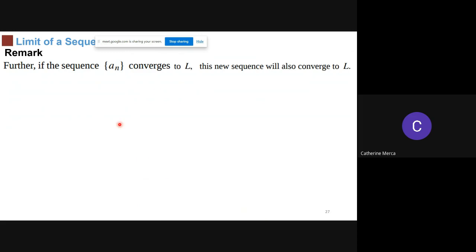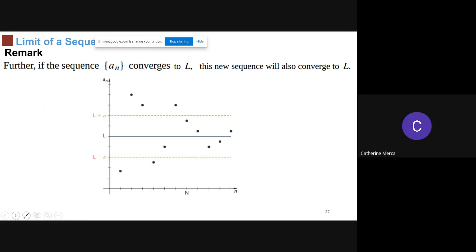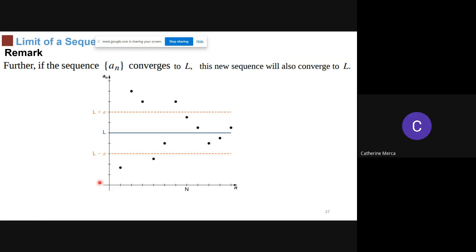Further, if the sequence a sub n converges to L, this new sequence will also converge to L. So, it will be the same limit for the terms na inyong butangan of b sub 1, b sub 2, and down the line.